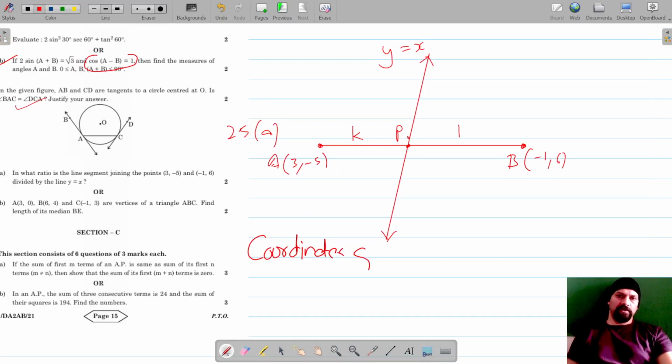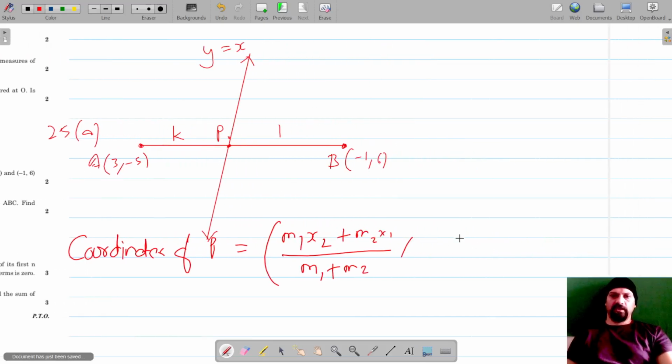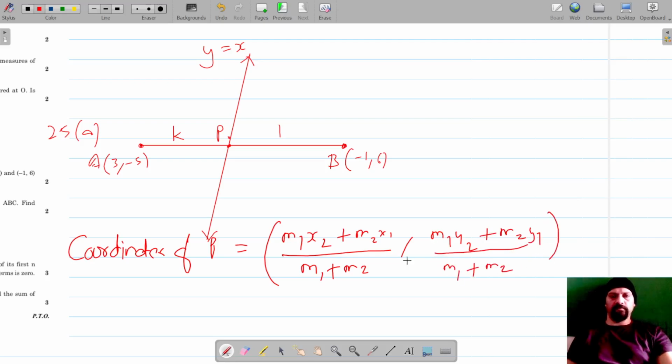the coordinates of P. We know the section formula is m1 x2 plus m2 x1 upon m1 plus m2, and m1 y2 plus m2 y1 upon m1 plus m2. And we know that this is m1, this is m2, this is x1 y1, and this is x2 y2.